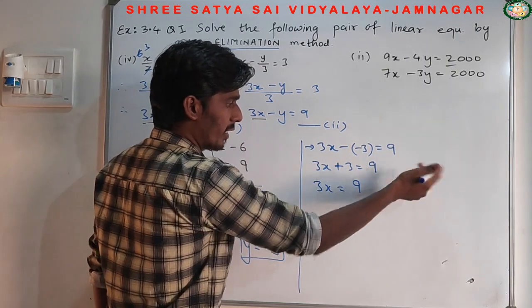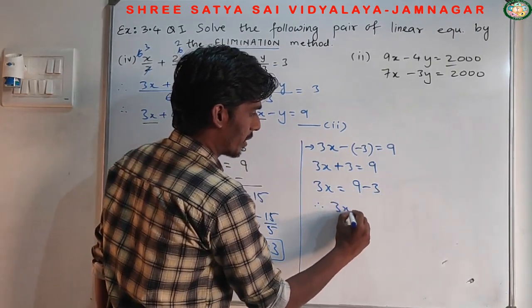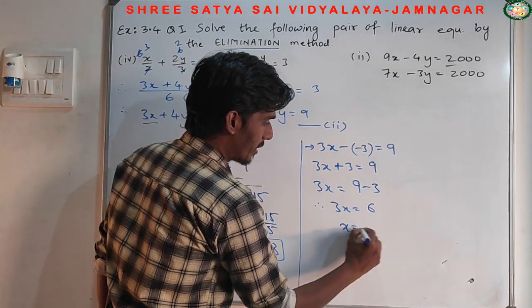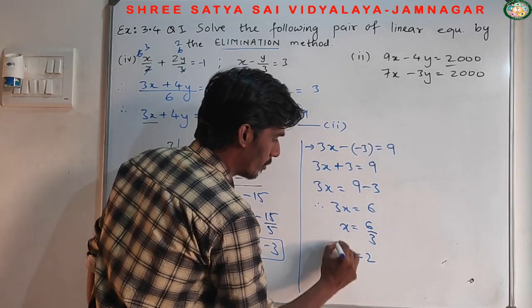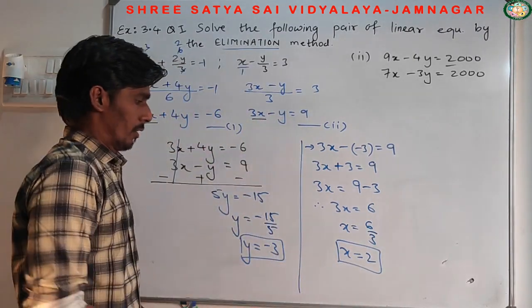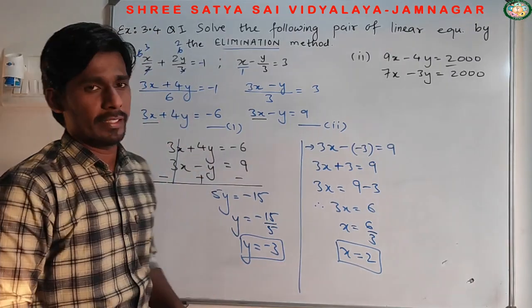If I take this 3 over that side, it's minus 3. 3x equals 6. x equals 6 upon 3. Therefore, x equals 2. So this is the way we got the solution for x and y.